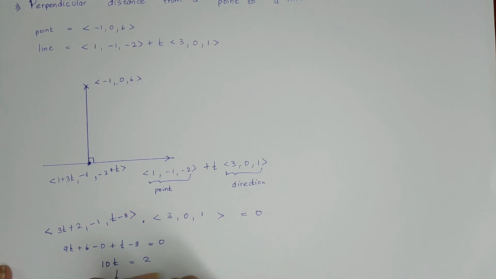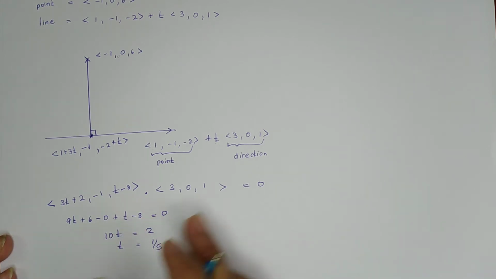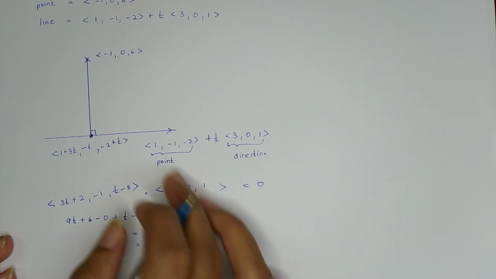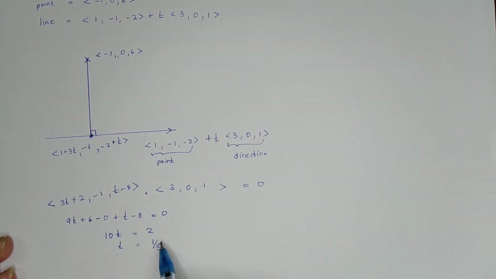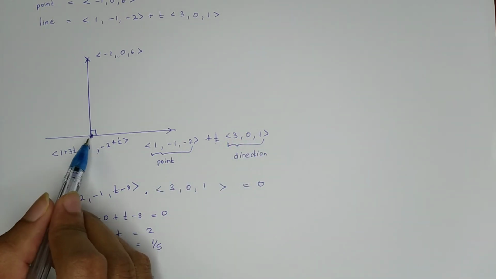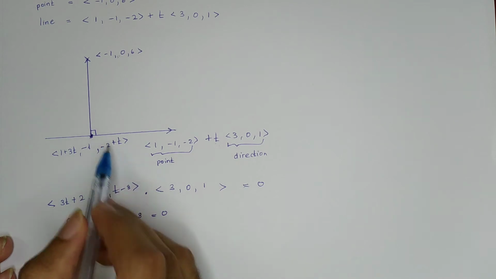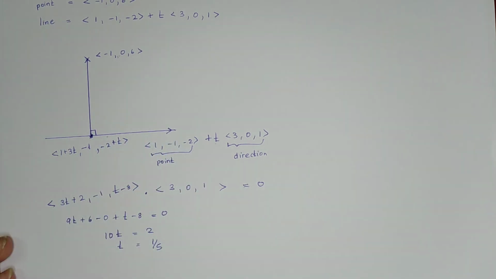If I divide this, t is equal to 1 by 5. So over here, I have found the value of t. What it simply means is that it's not common for all t values. If I substitute this 1 by 5 for this t, I'm going to get this point only. If I substitute any other values for t, I'll be getting other points in that line. So that's the main thing.